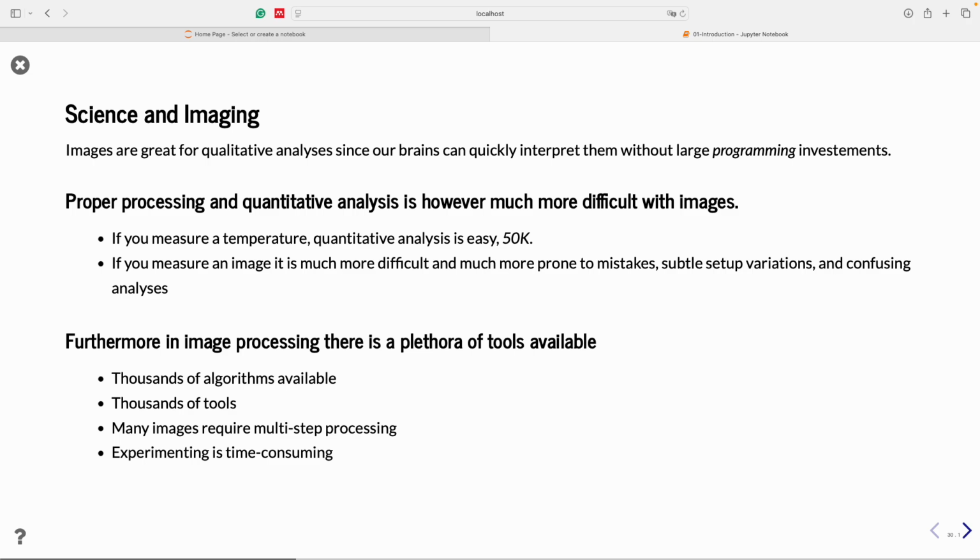And then you can do a couple of measurements of that. But in images, you have to do a chain of operations in order to get your measurements, and depending on how you choose them, they are more or less robust, and that can make it very confusing how the analysis comes out.